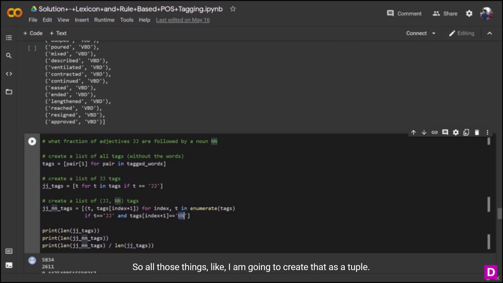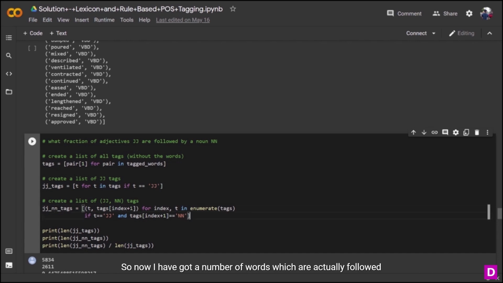All those things I am going to create as a tuple, and I am going to associate it with a variable called jj_nn_tag. It clearly states that this list consists of JJ which are followed by nouns, like adjectives which are followed by nouns.